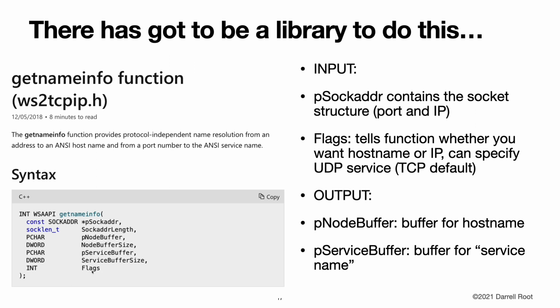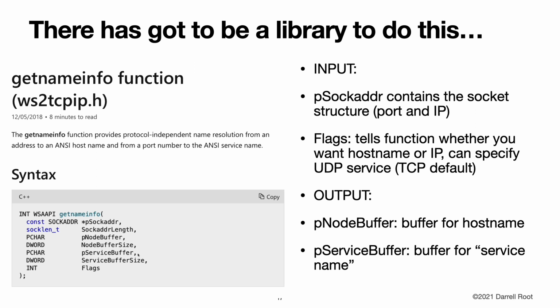By default, the service is generally TCP, but we could pass in a flag to say we want the name of the service for UDP, and then as the output, we'll get a buffer for the host name or address name, and then a service buffer, which is the buffer for the service name.